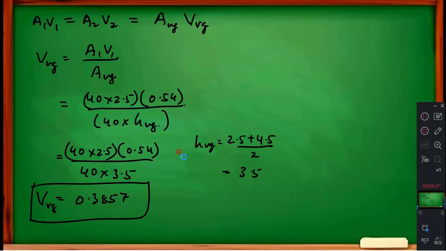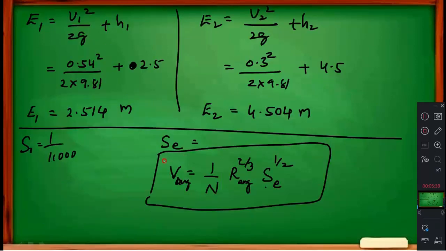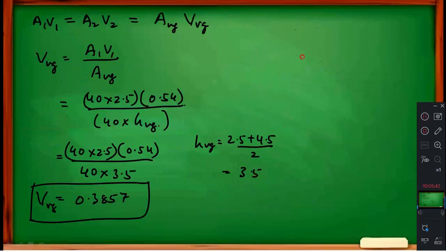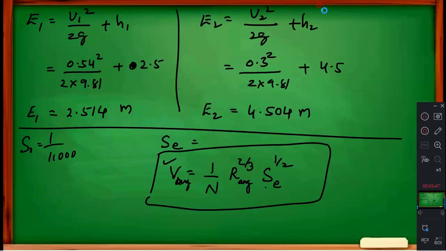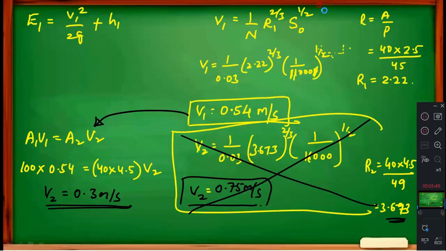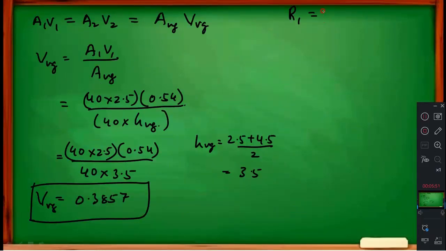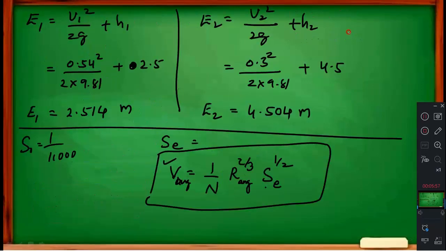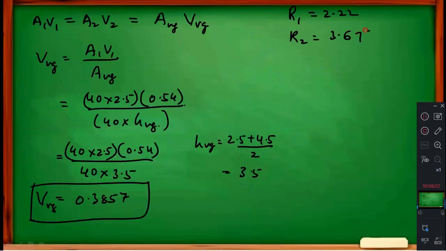Now go back. V average is got. Then R average. You should know first what is R1. R1 is already calculated and kept here, that is 2.22. Then R2 is 3.673.